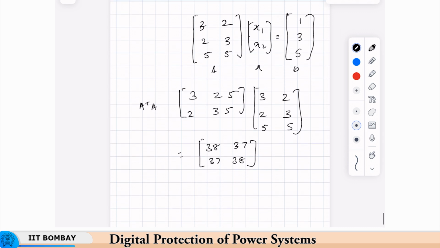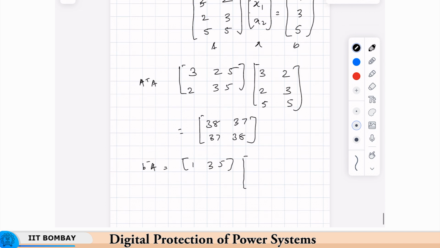What is B transpose A? B transpose A, with B as 1 3 5: 3 plus 6 plus 25, that is 34, and 2 plus 9, 11 plus 25, 36.